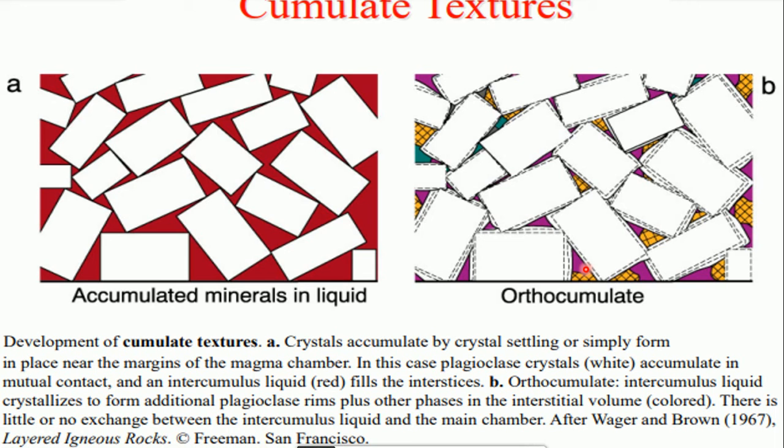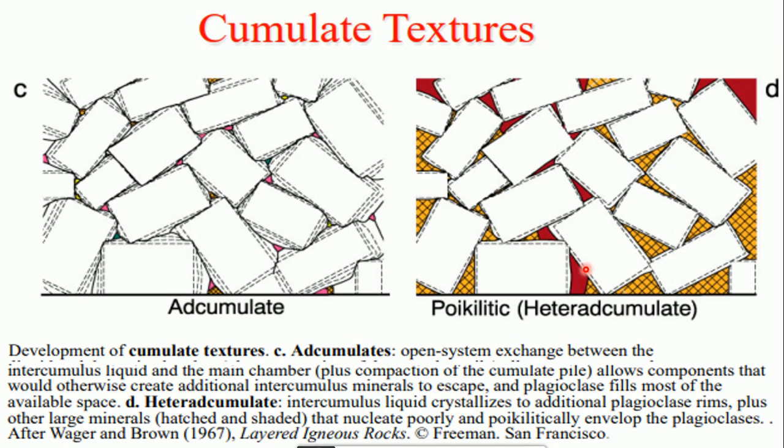There is little or no exchange between the intercumulus liquid and the main chamber. Further cumulate textures are adcumulate and poikilitic, which is called heteradcumulate. Development of a cumulate texture.